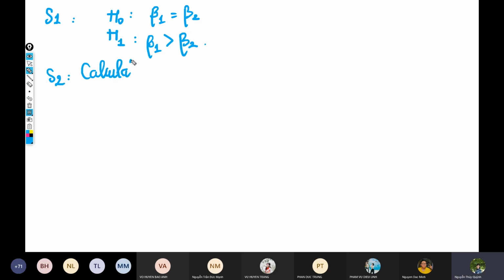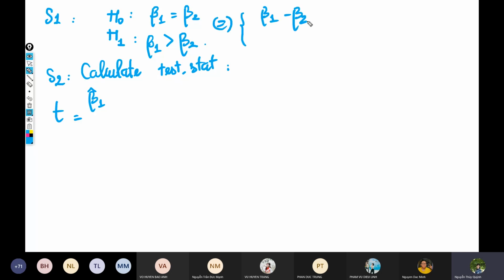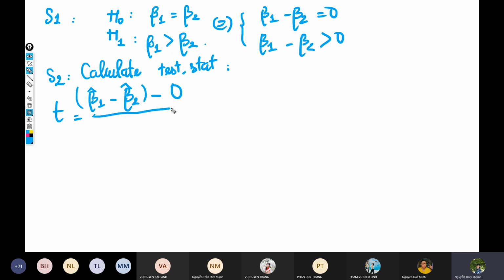We have t equal to beta 1 hat minus beta 2 hat minus the suspected value, which is 0, divided by SE of beta 1 hat minus beta 2 hat.